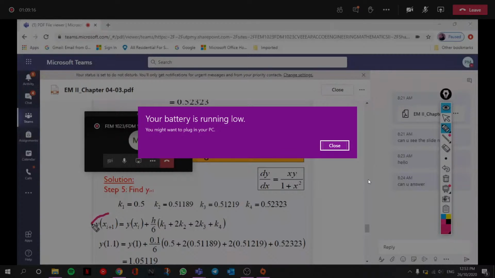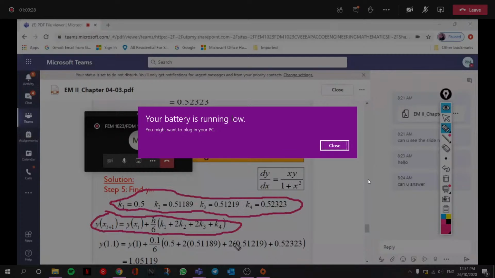So before you use this formula, your K1, K2, K3, K4 all must be ready. You may ask, can I do it in one shot? Put everything inside. It's up to you. But remember, you start from y at x equals 1 with h 0.1.